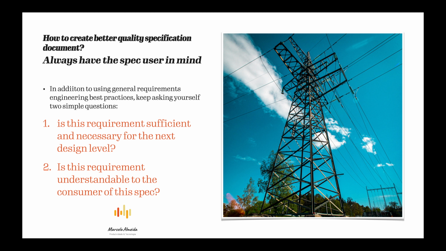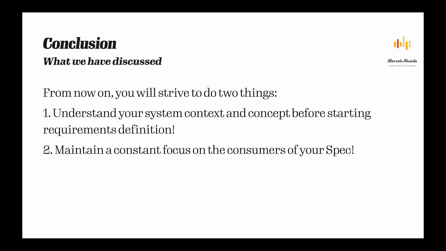In addition to using general requirements engineering best practices, keep asking yourself 2 simple questions. Is this requirement sufficient and necessary for the next design level? Is this requirement understandable to the consumer of the spec? Investigate the answers to those questions and consider your spec finished only when you have satisfactory answers to both questions.